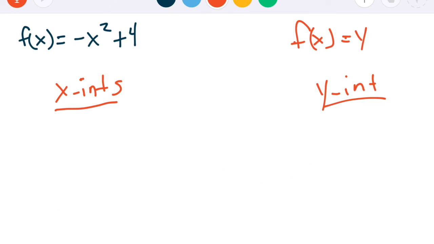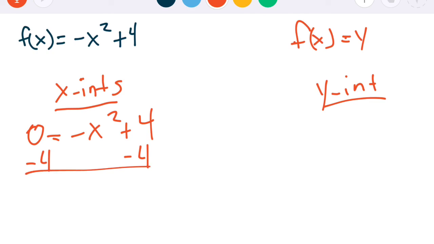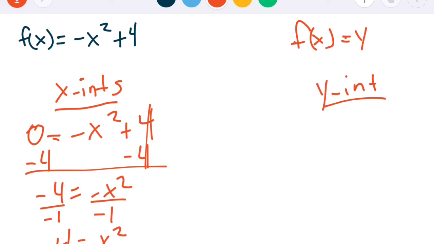So, to solve for the x-intercepts, we are going to plug in 0 for y, because we know that has to happen. Now I have a little equation, and I'm just going to solve that for x. So negative x squared, if I want to get rid of that negative, I can just divide both sides by negative 1, so I get 4 equals x squared.